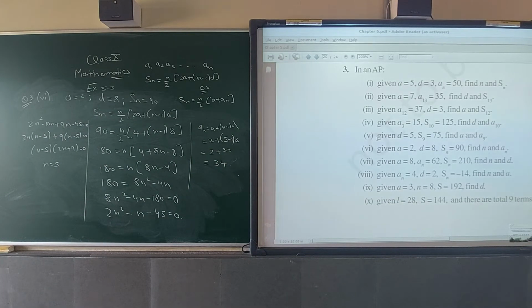Now seventh part. a value is 8, an is given, Sn is given, find n and d.